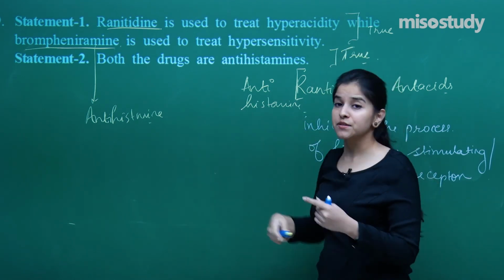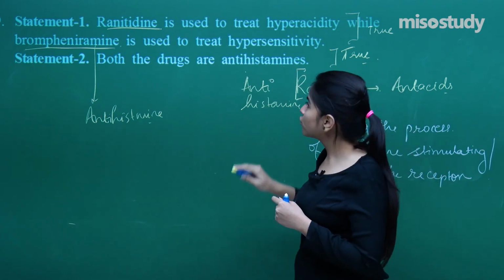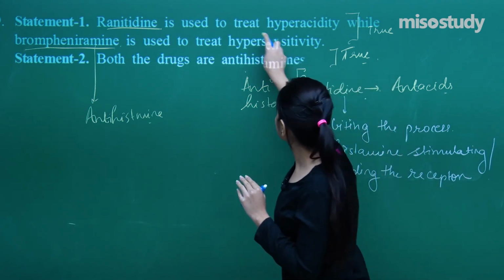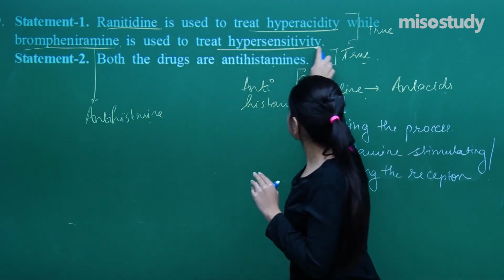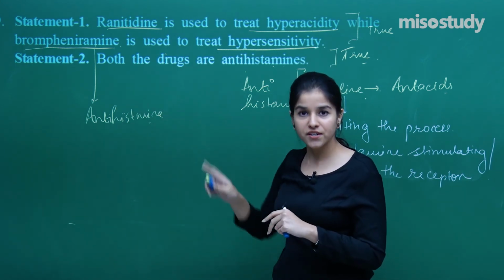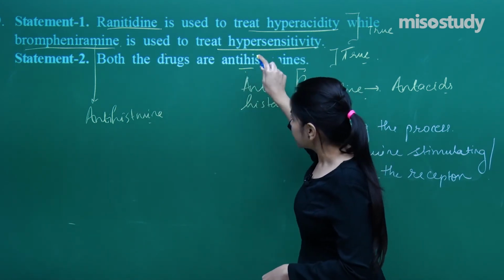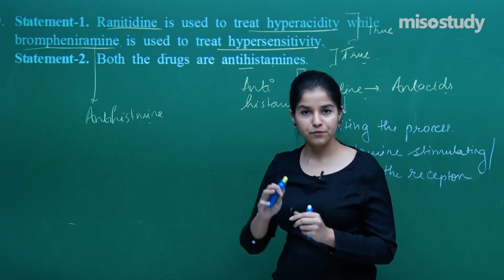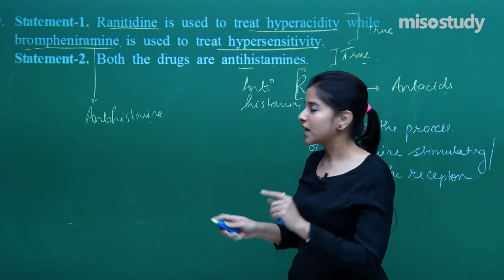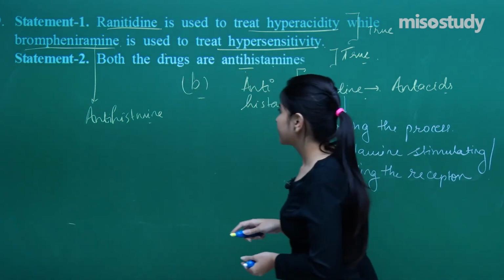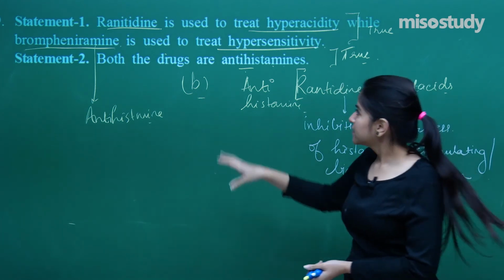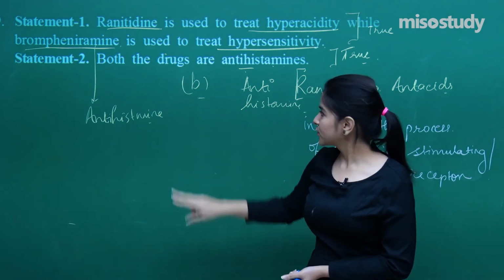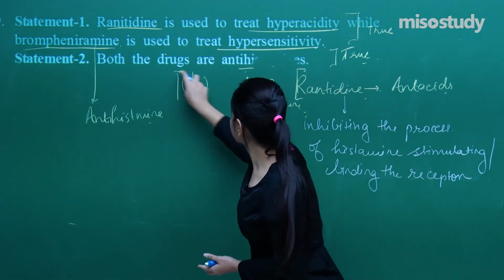But what is missing over here? Statement 2 is not a proper explanation because it does not explain the hyperacidity and the hypersensitivity issue which these drugs are treating. They are antihistamines but they are not explaining the activity over here. That means that is not a correct explanation. We have got our answer as B. What does B say? Statement 1 is true, 2 is also true, but 2 is not the correct explanation. So that is what we are choosing over here, that is B. I hope everybody has got the answer here.